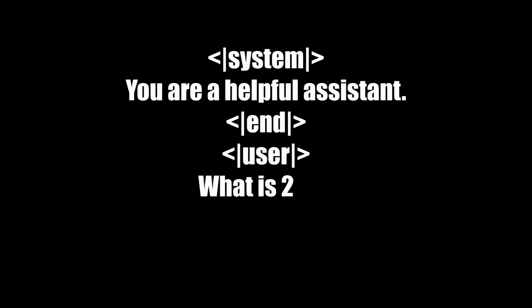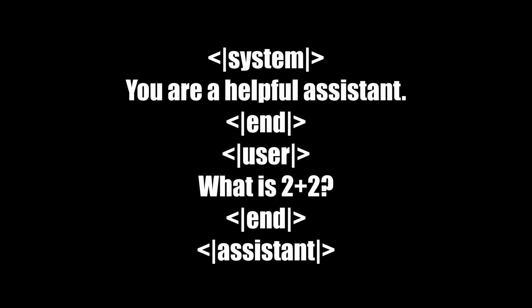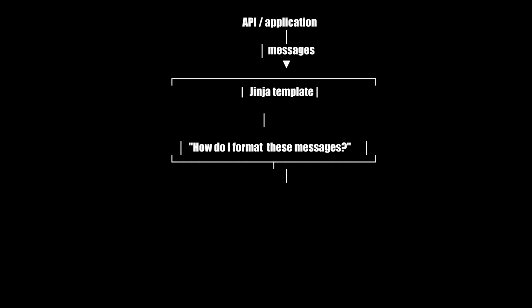The model might expect system tag, then your system prompt, end tag, user message. For this example, what is 2 plus 2? End tag, assistant tag. The Jinja template is the program that constructs that sequence. And LLMs need that format because they are trained on this specific format.